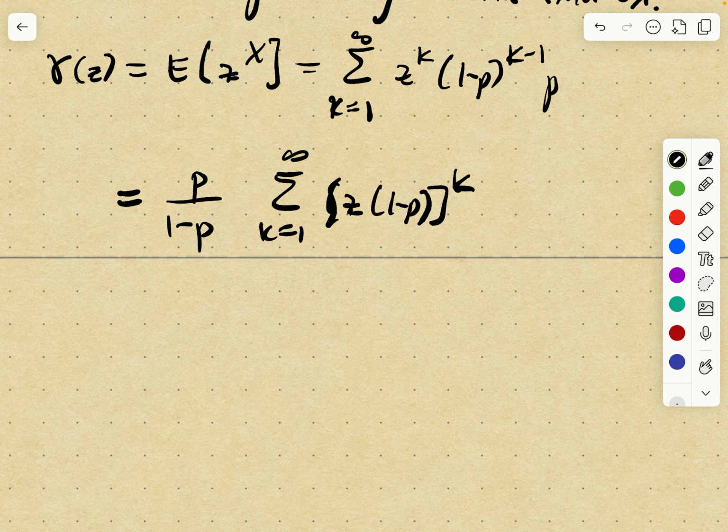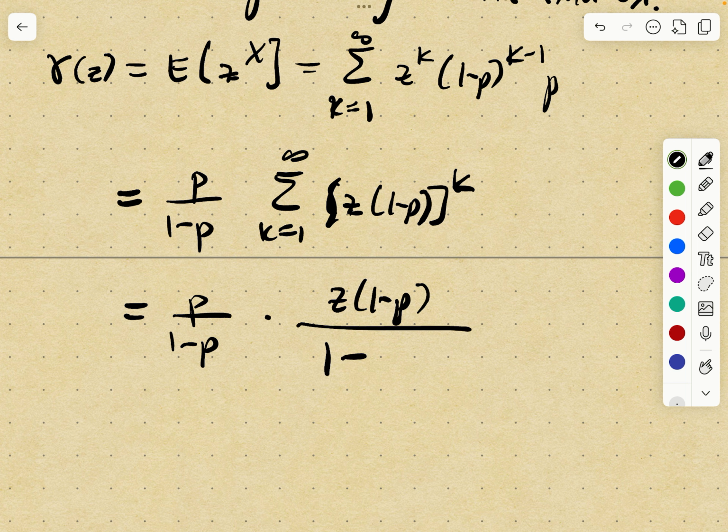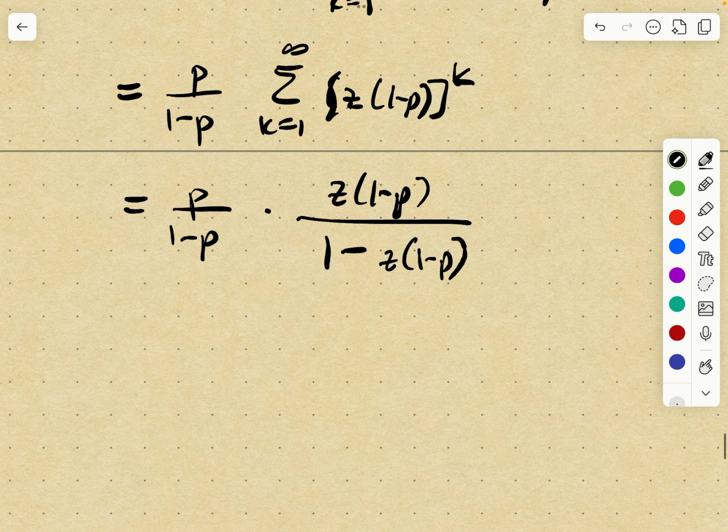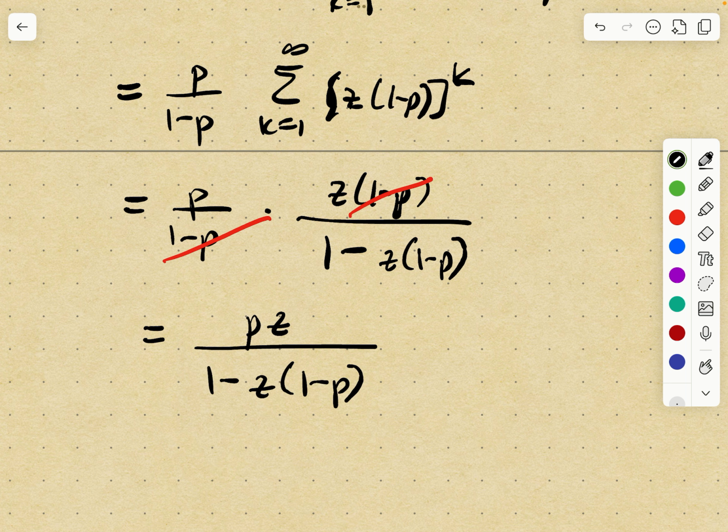And when z is 1, okay, p is between 0 and 1, so you get this geometric series, it converges, so you get p over (1 minus p) times z times (1 minus p) over (1 minus z times (1 minus p)), by summing the geometric series. And then you get some cancellation here, and so you're going to get pz over 1 minus z times (1 minus p).